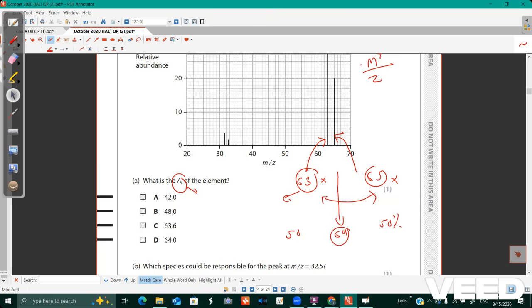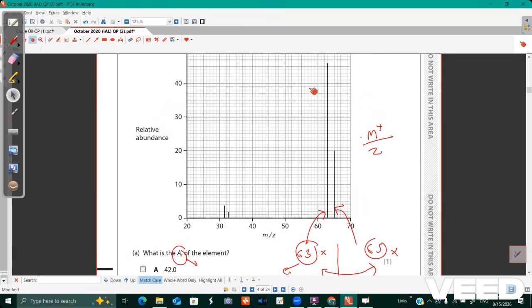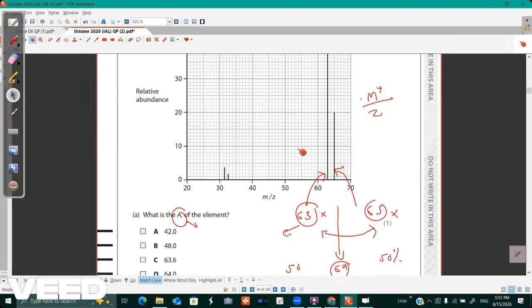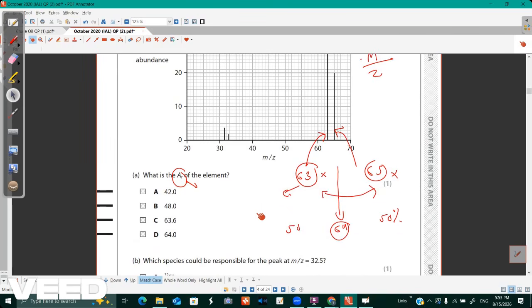But here it's a higher percentage, more than 50. Usually, if you have two isotopes, the isotope with the lower isotopic mass is more abundant. So 63 is more abundant, right? Therefore, since 63 is more abundant, your average value is more lenient towards 63.